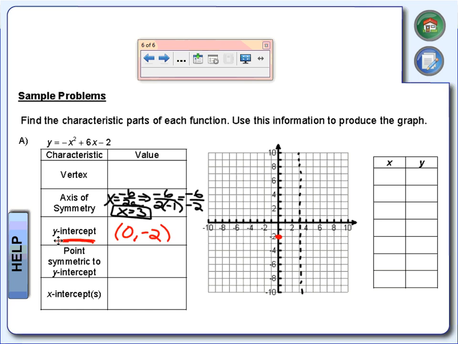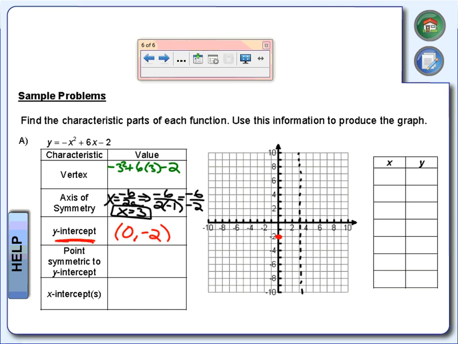The next thing I want to find is the vertex. We're going to take the 3 that we just found and plug it in for each of these x's. Here we go. All I did was take out each of those x's in the equation and replace it with a 3.